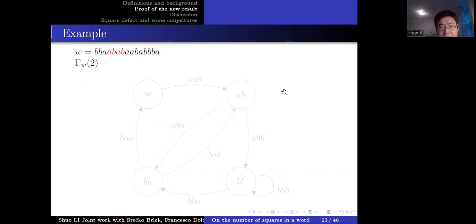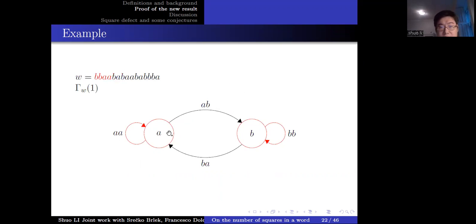Remarking that on this radial graph, there exists another secret like this, whereas this secret contains 2 different edges where we are on gamma 1. So this secret is not small. So this one cannot be associated with any squares.